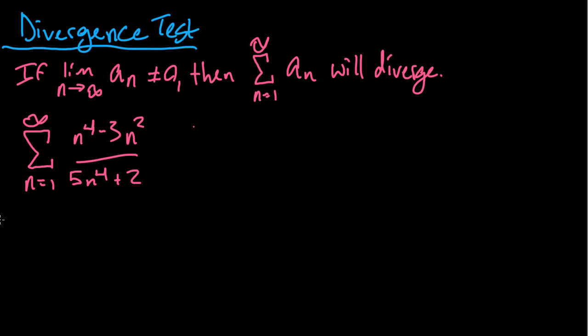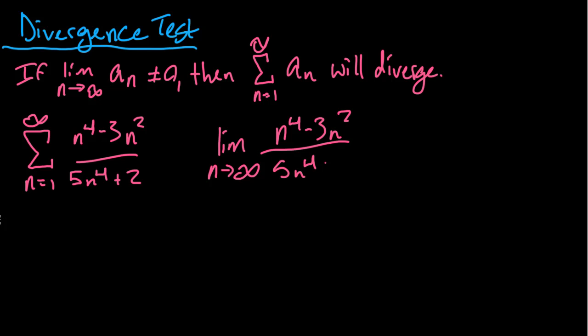Okay. So what's another way to write this? We can write this in our limit notation. We could say, what is the limit as n approaches infinity of our a sub n, of n to the fourth minus 3n squared over 5n to the fourth plus 2?